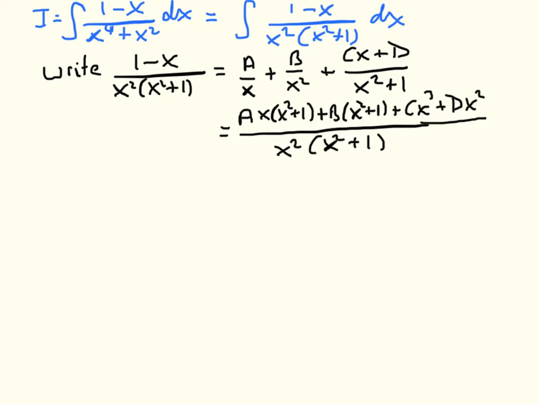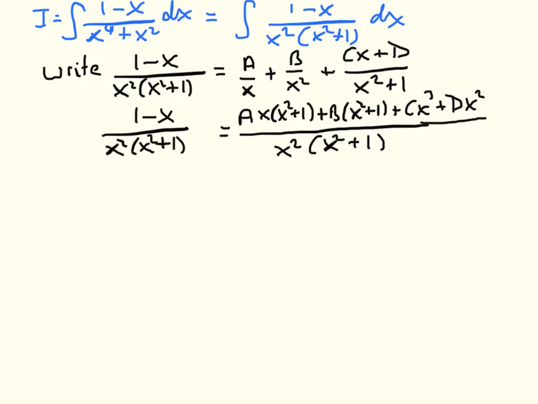And this is just this over our common denominator, which is the original denominator. So we want this and this to be the same, so let's just write that out again, 1 minus x over x squared plus 1.